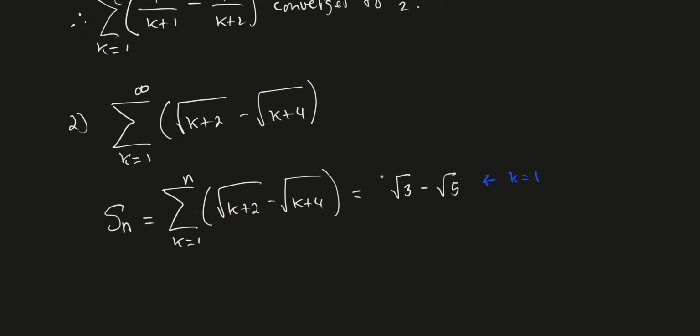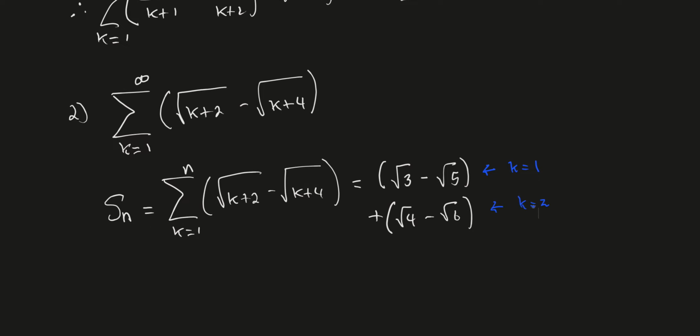And then to that, I have to add another term when k is equal to 2. I won't simplify it too much, I'm just going to write it as root 4 minus root 6. Well, look at that. It doesn't really cancel out. So it's like, uh-oh, is this really going to work?